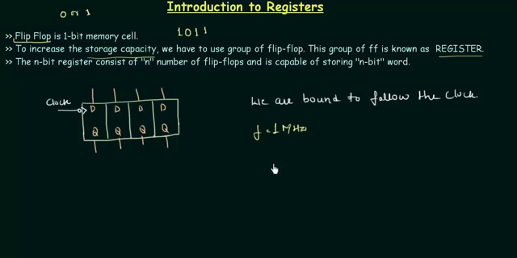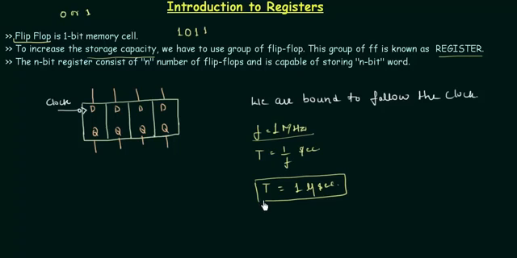This is the frequency, and you know that the time period is equal to 1 by f seconds. So time for frequency equals to 1 megahertz is equal to 1 microsecond. So the time period is 1 microsecond, and after 1 microsecond we will have the falling edge. It is negative edge triggered, so we will have the falling edge like this.